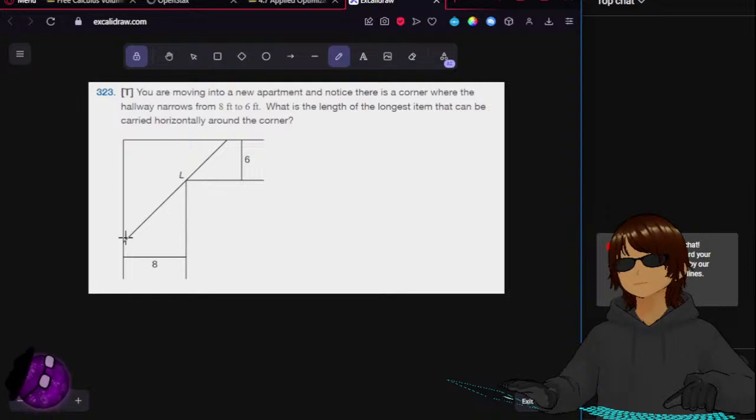So we have to find the maximum length. No, we have to find the shortest length of L, right? The longest item that can be carried horizontally around the corner.